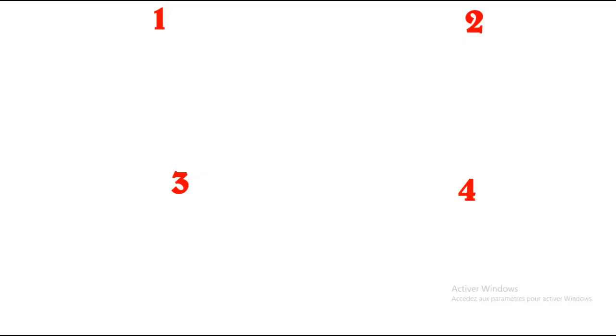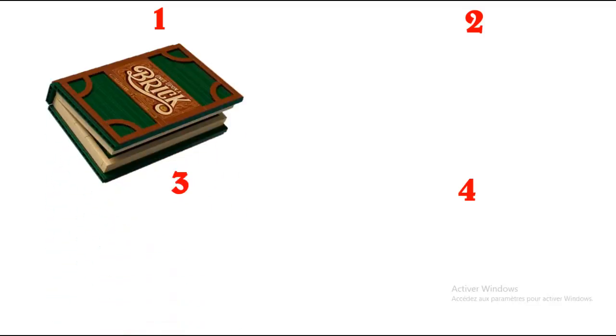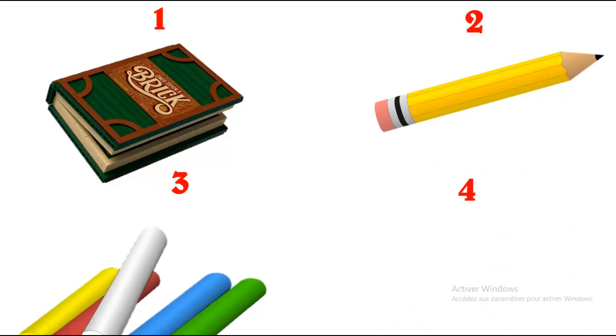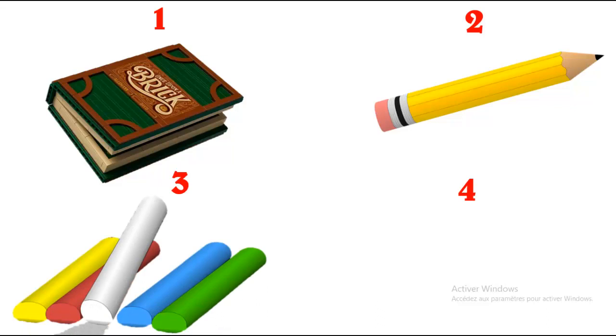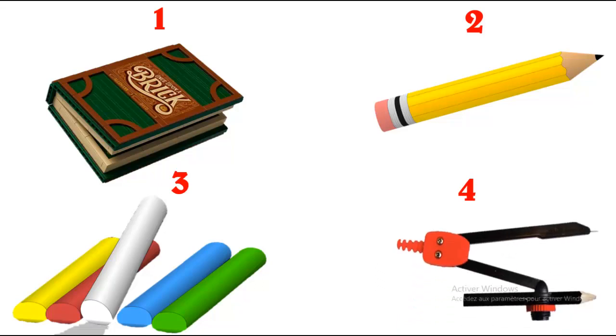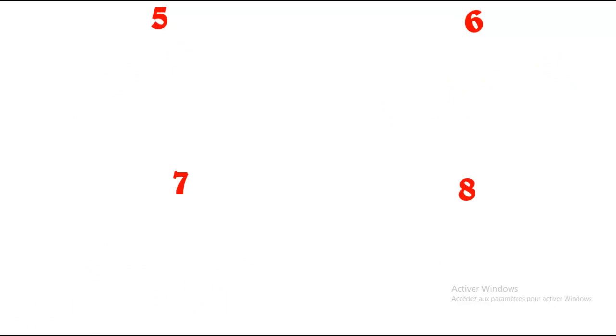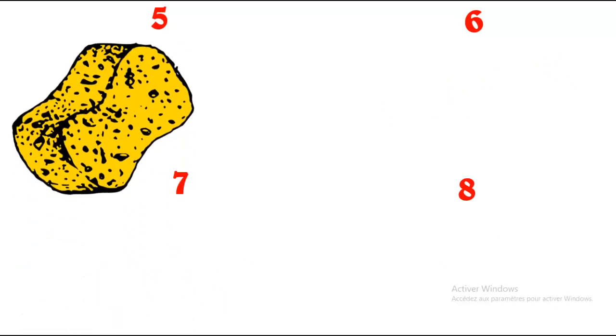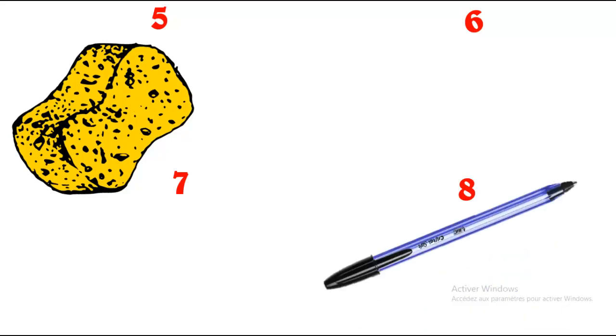Exercise. What is number 1? Number 1 is a. What is number 2? Number 2 is a. What is number 3? Number 3 is a. What is number 4? Number 4 is a. What is number 5? Number 5 is a.